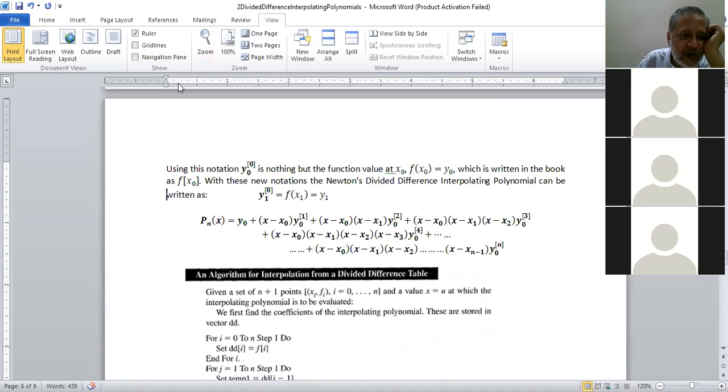Let me now show you how I will implement this in Excel, or how you will be calculating all these things.